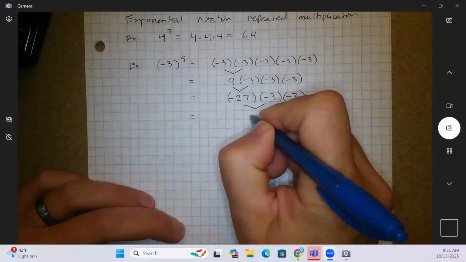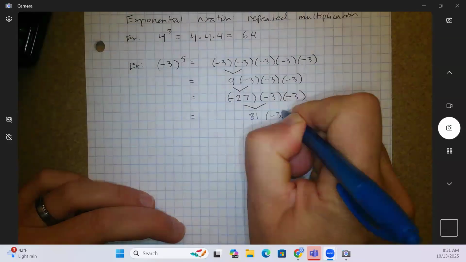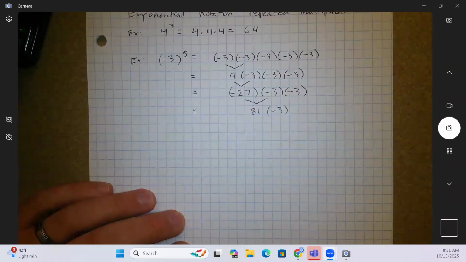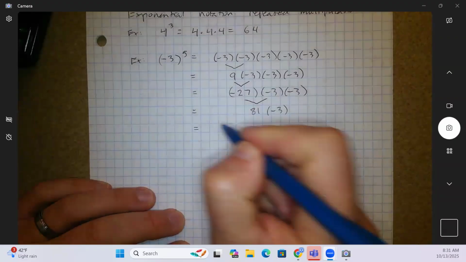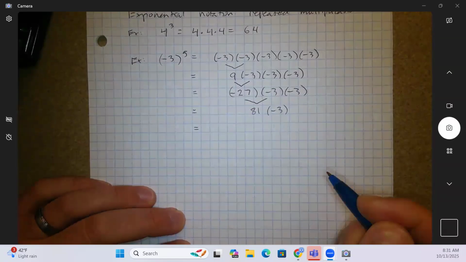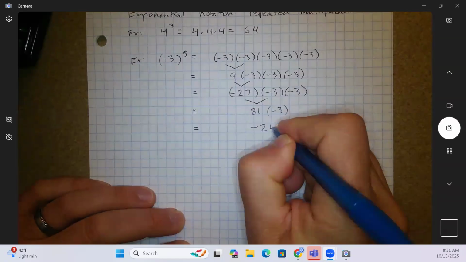And I'll help with the arithmetic for these ones. -27 times -3. Is that going to be positive or negative? Positive, because a negative times a negative is a positive. That's 81 times -3. And 81 times -3, is that going to be positive or negative? Negative. It's -243.